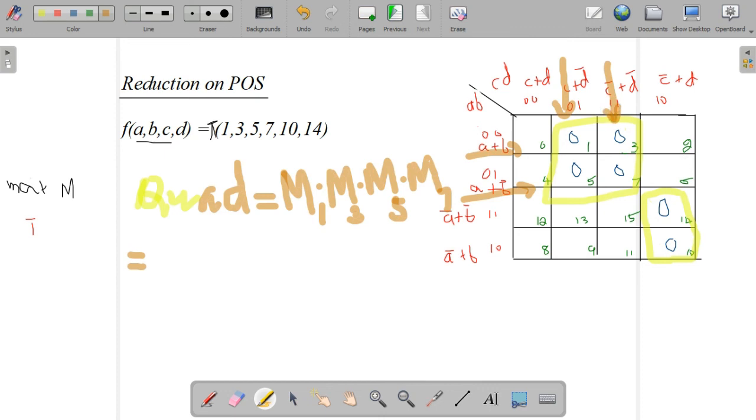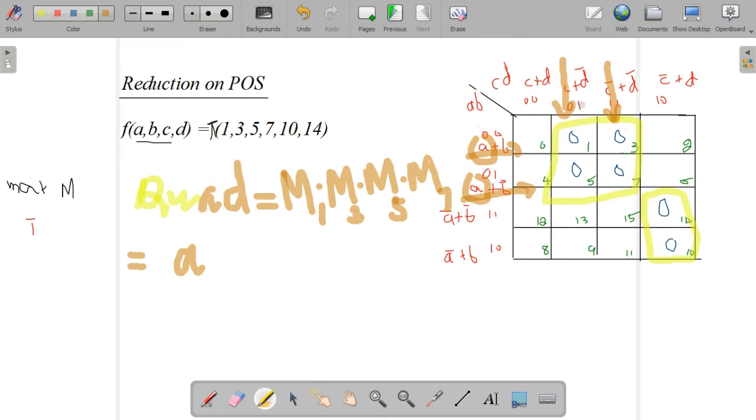Find which is the common value and write it directly. That is the easiest way. Otherwise, write the literals and find which one is common. Here, A is not changing, so we can write A.